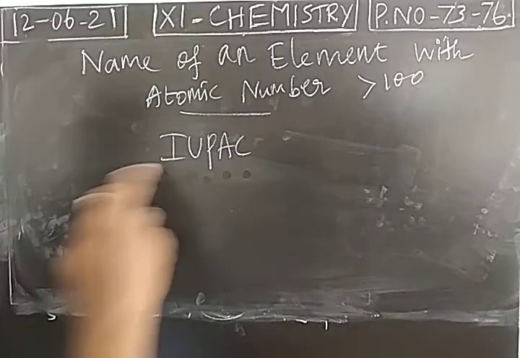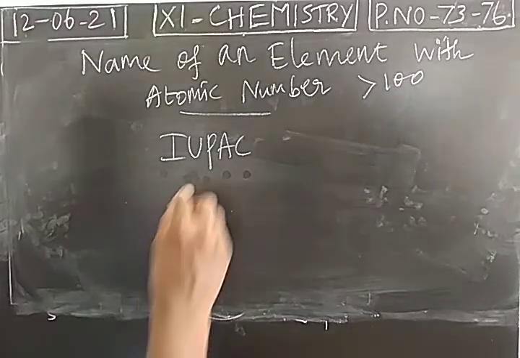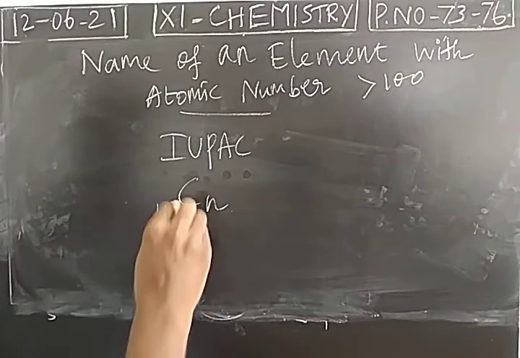So this organization will authenticate the element. If an element is prepared in the laboratory, we have to send our reports to the UPOC. They will check at what condition it was prepared and who really prepared it first. Everything will be analyzed, so the authentication process will take some time. In 10th you studied that the last element authenticated by UPOC is copernicium with atomic number 112.